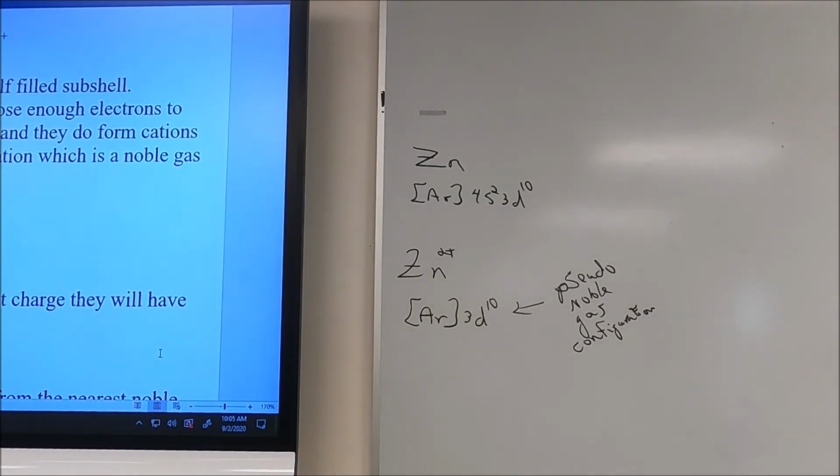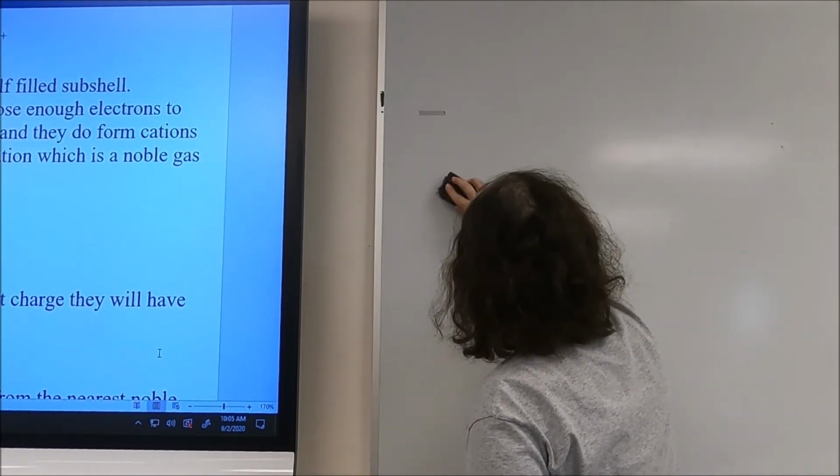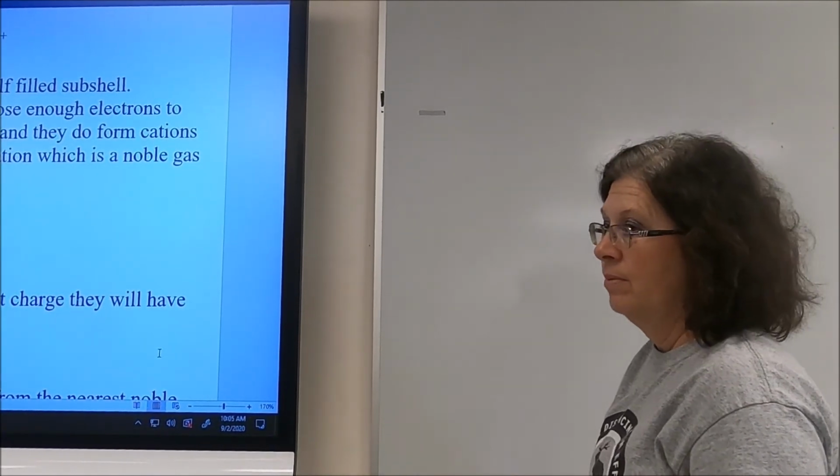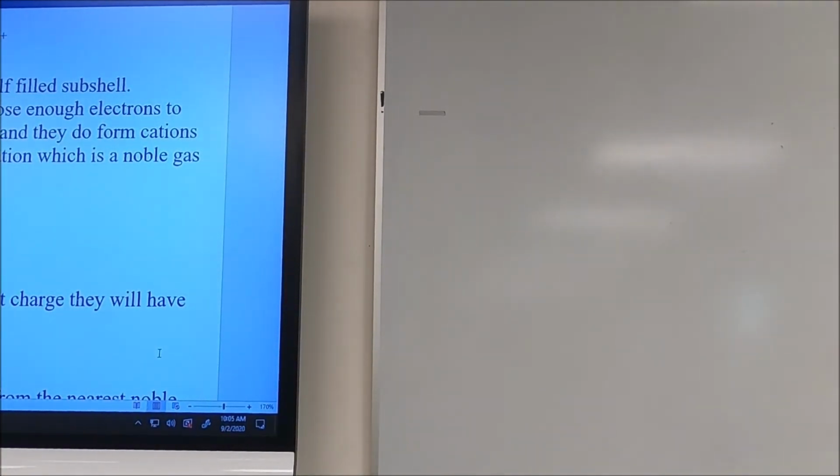Now, let's talk about what are referred to as poor metals. Poor metals are the metals underneath the stair step. Okay? So it's things like tin and indium and lead.